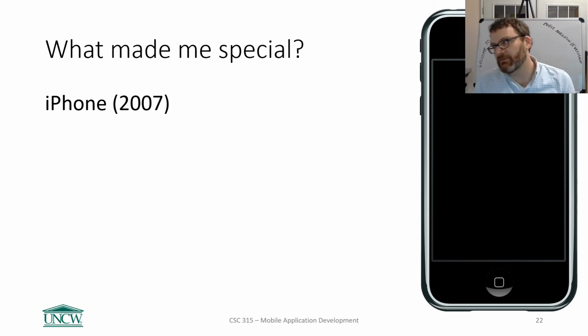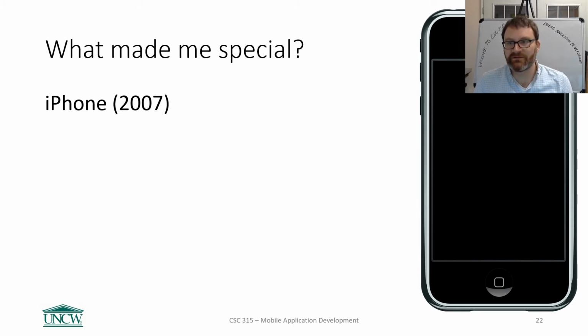But of course, when you hear smartphone, the thing you really think about is the iPhone. This is a rendering of the very first iPhone from 2007. There were Apple fanatics back then, but the thing about the iPhone that was really special was what?